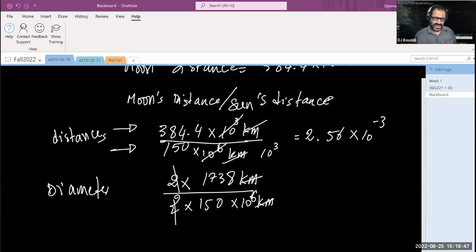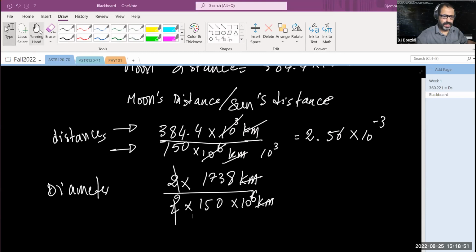I'm sorry, what am I saying in here? This is wrong. I hope that you guys caught it. I'm not saying the distance in here. I'm saying the diameter. This should be the diameter. Can't do the same number in here.